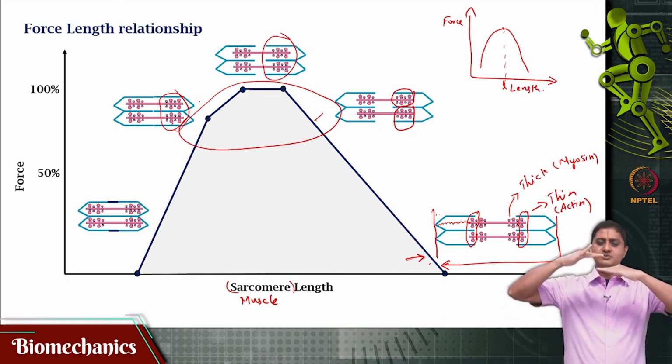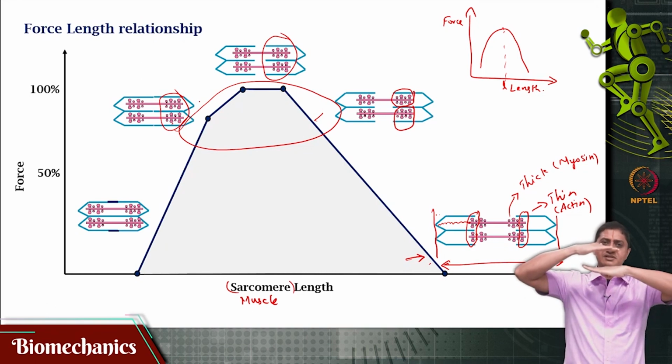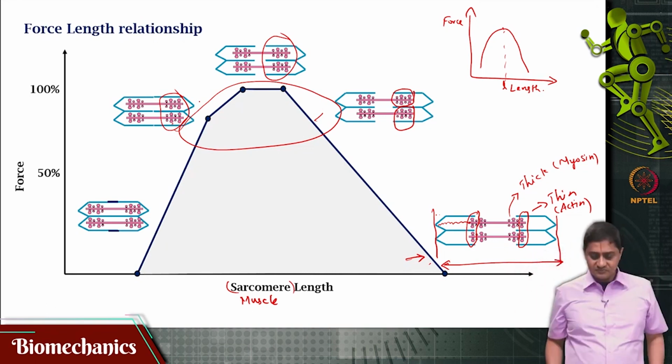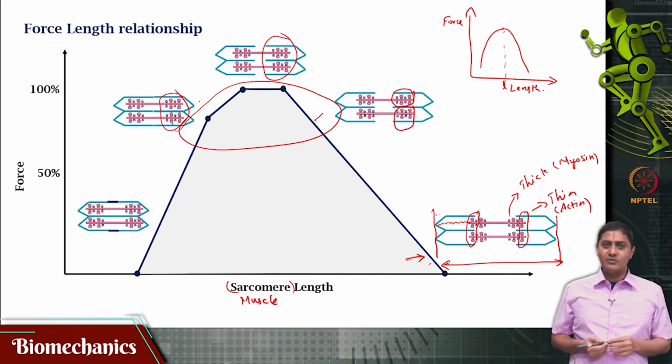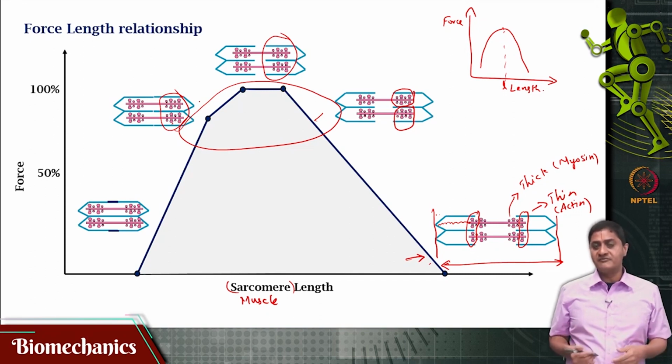Like I am having these 2 points, and if I have to connect here, there is very little overlap, but between these 2 hands there is a great amount of overlap that you see. This overlap is what leads to a situation in which a maximum number of myosin heads can attach to actin binding sites and then pull.